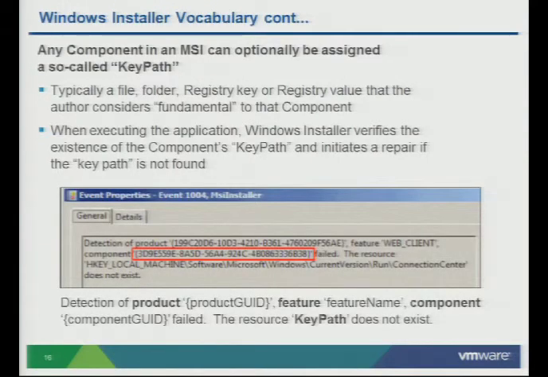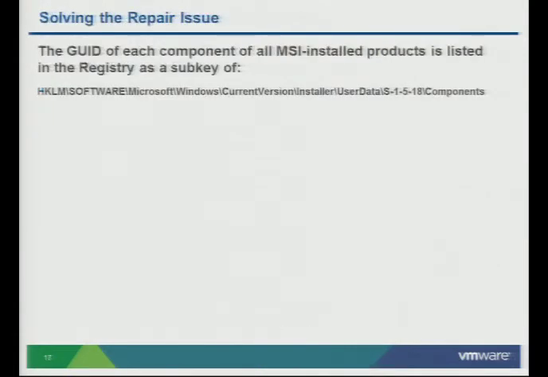So in this case, it tells you that the product GUID, the feature web client in this case, uses the component, another GUID, and the key path is the registry key in this case. You will find all features, components, and products being installed, most of the time at least, in this part of the registry.